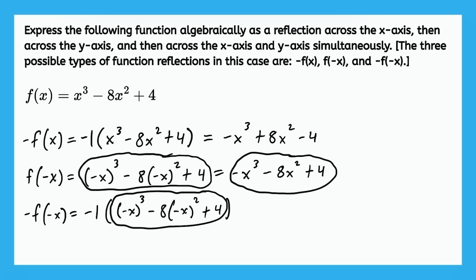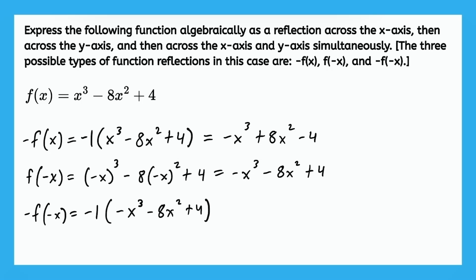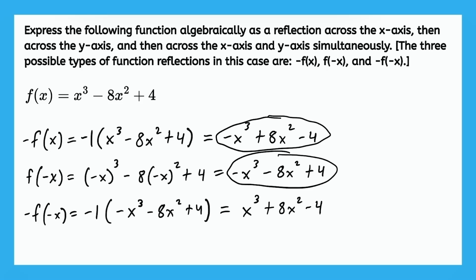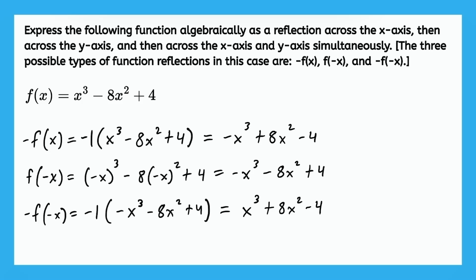So with that in mind, let's replace this part inside the parentheses with what we had here immediately. Okay, nice. So the inside of the parentheses is now simplified, and we just need to distribute this negative 1 to this term, and this term. In other words, we're just going to change the sign of each term. And there it is. We have now done exactly what the question asked us to do. We have represented algebraically a reflection over the x-axis, and then the y-axis, and then both the x and the y-axis. All right, that was a long problem.